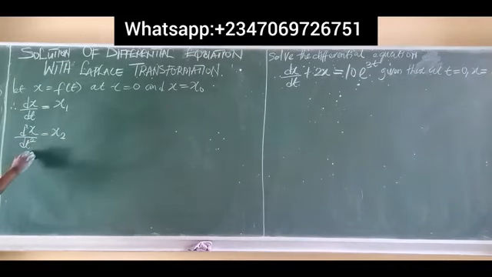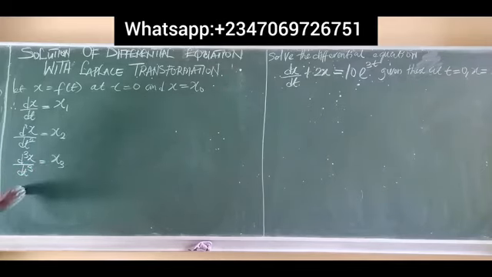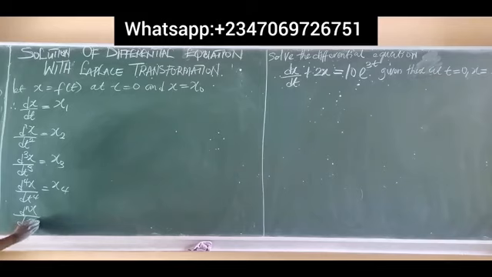Next is d³x/dt³ is equal to x3. Next is d⁴x/dt⁴ is equal to x4, and so on. Finally, if you have dⁿx/dtⁿ, it is simply xn.